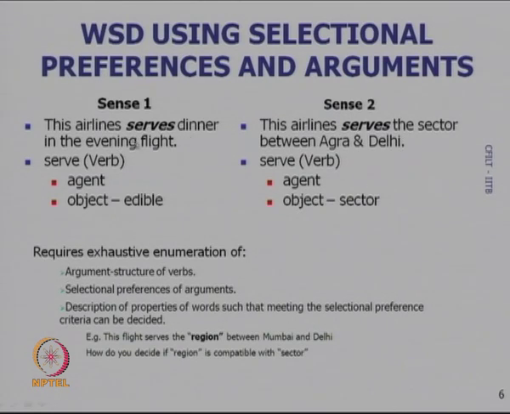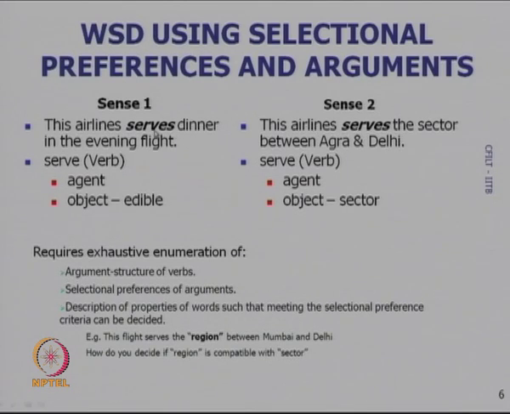So, you can see here again there is the principle of matching coming in. From the context, we now look at the words which are the neighbors of the word to be disambiguated. Serve is the word to be disambiguated, and in the neighboring words we have dinner. Dinner forms the object and it has the property of being edible.